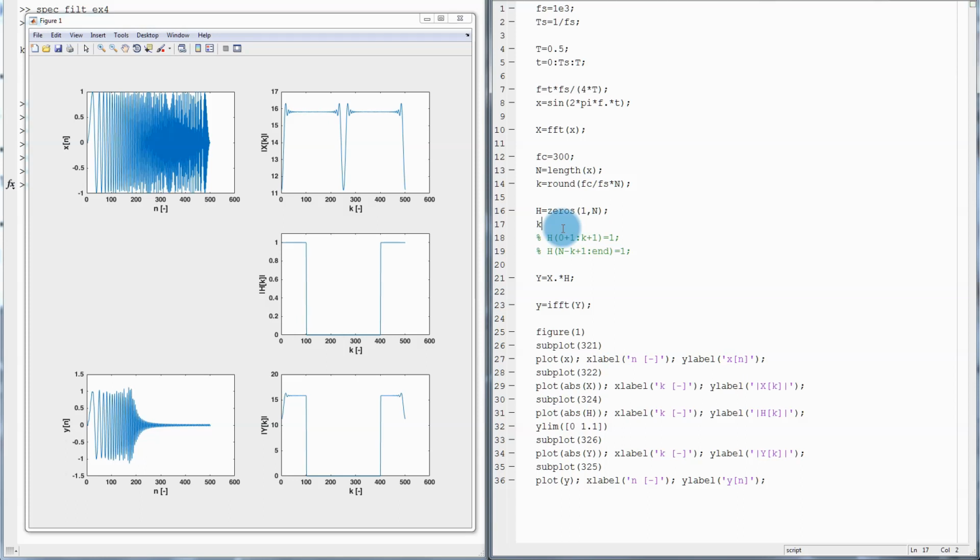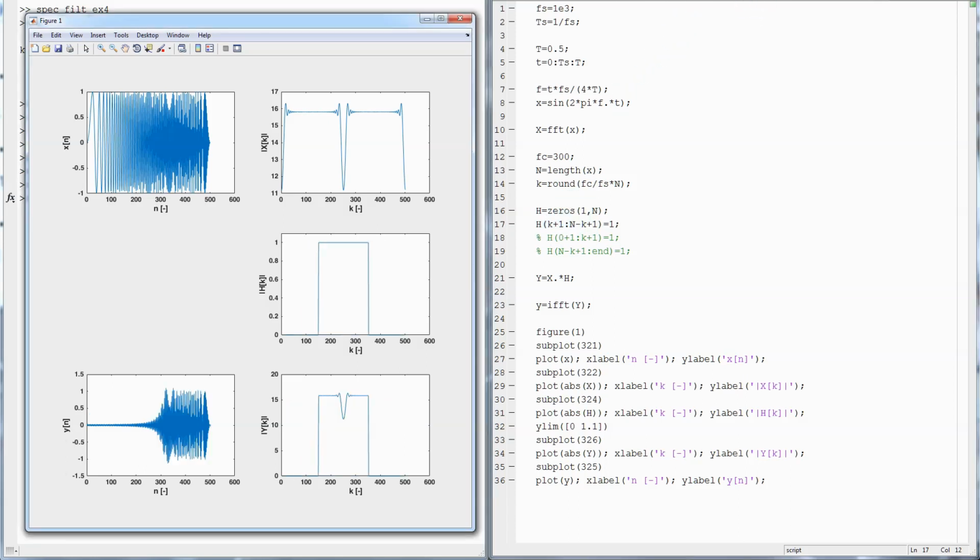So I will be setting ones in the interval between k and the mirror image, n minus k. And of course, I need to remember that MATLAB has everything shifted by 1, so I need to add 1. And this is how I generate the frequency response for a high-pass filter. So let's run this. And here I have it.